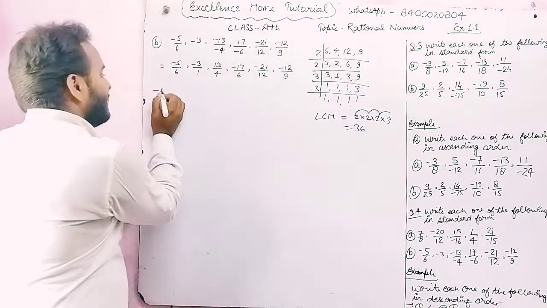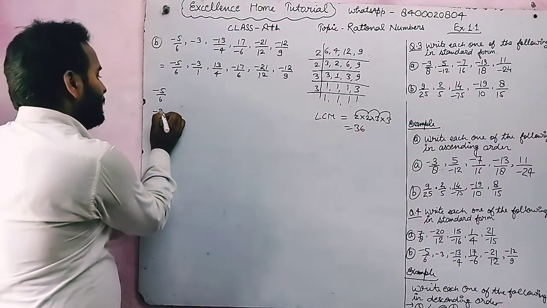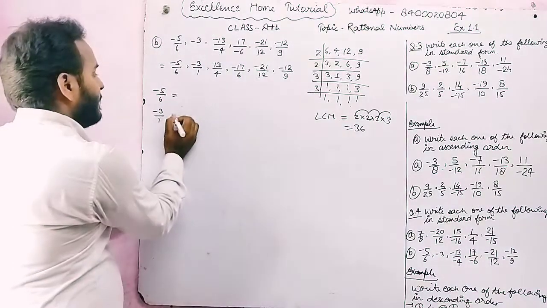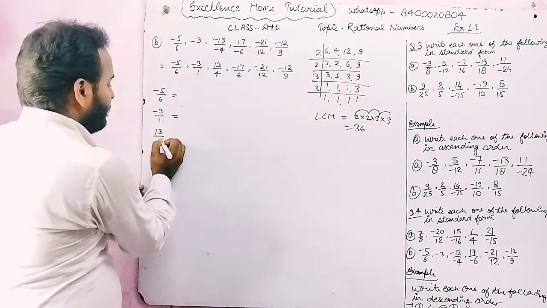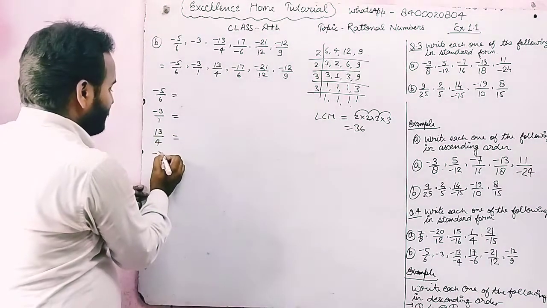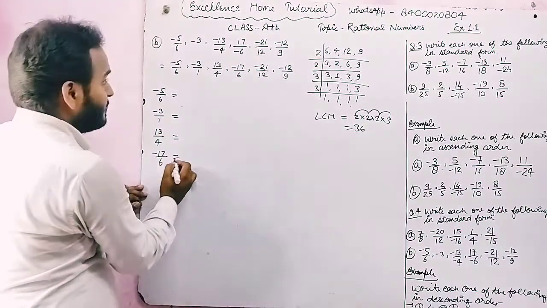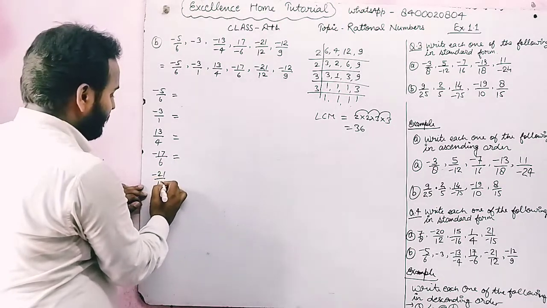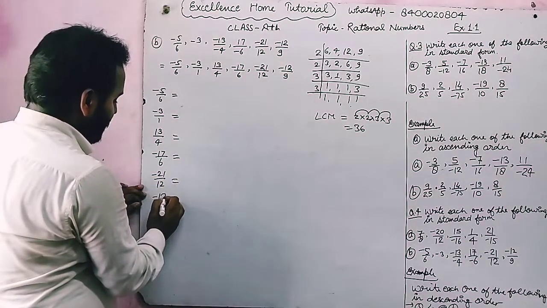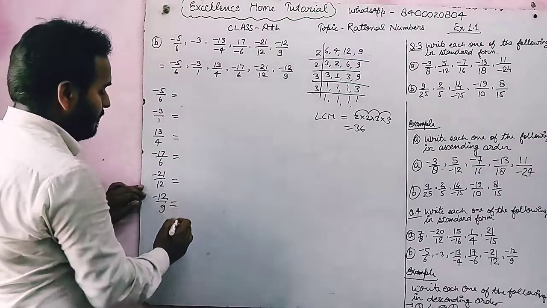So let's write it as it is: 13 by 4, minus 17 by 6, minus 21 by 12, minus 12 by 9.